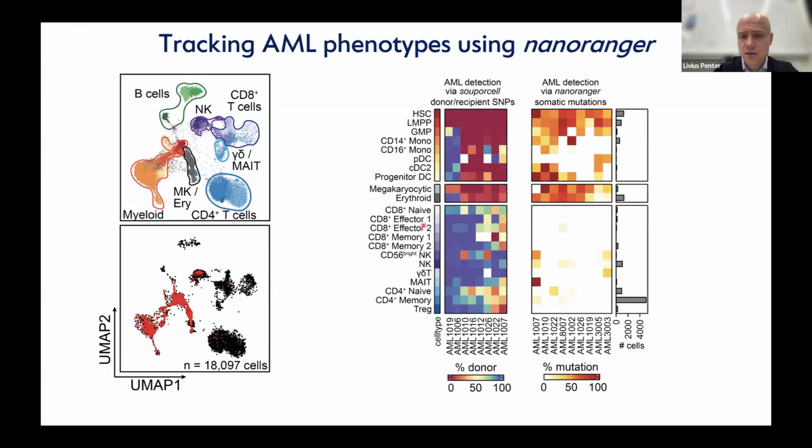You can see on the left identification of donor and recipient cells, and on the right the identification of somatic mutations, and there's actually very good agreement. This was quite reassuring, that we find somatic mutations in the expected cell compartments, and they align with other ways of identifying leukemia.